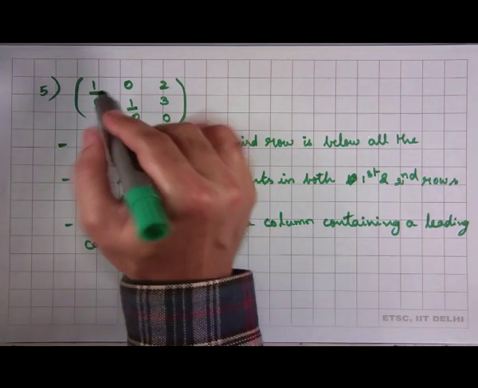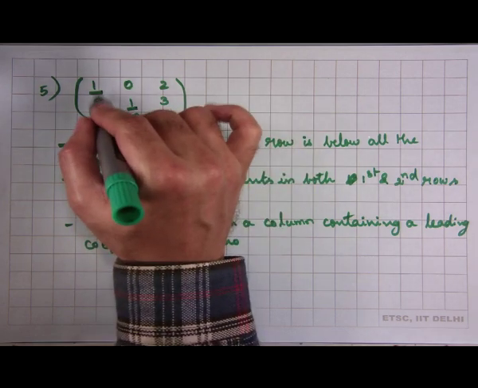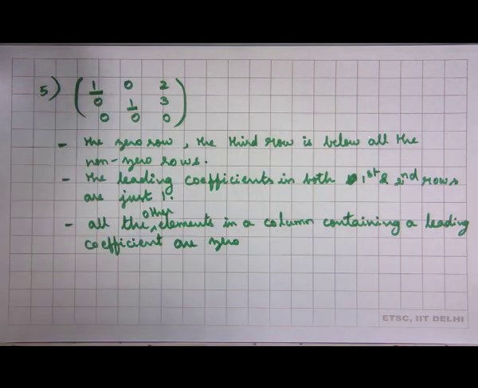So, leading coefficient appears in first column and second column. You can notice that apart from this one, the remaining two elements are 0.